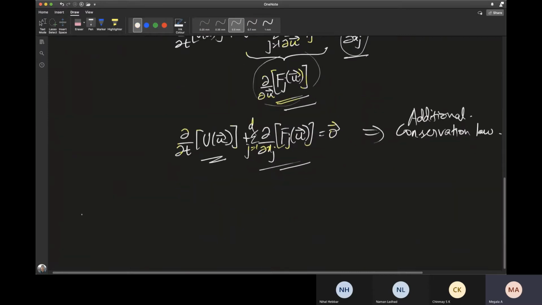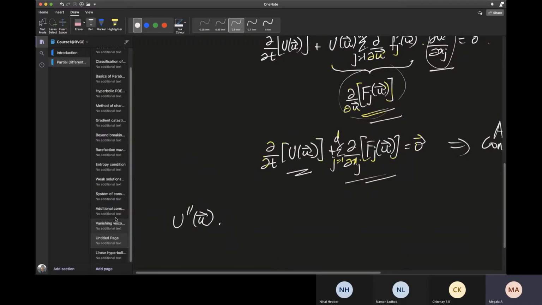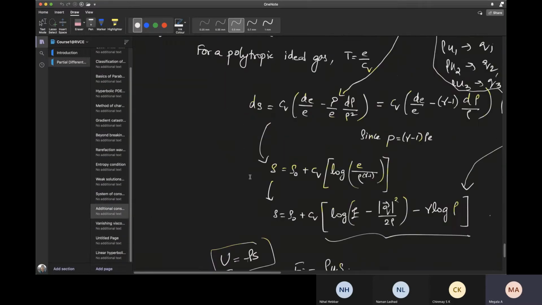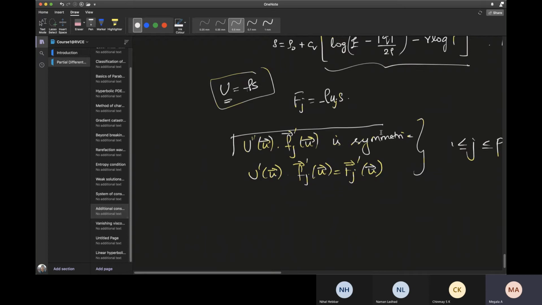And we stated a theorem that for an entropy function, U double prime of u vector dot fj prime has to be symmetric.